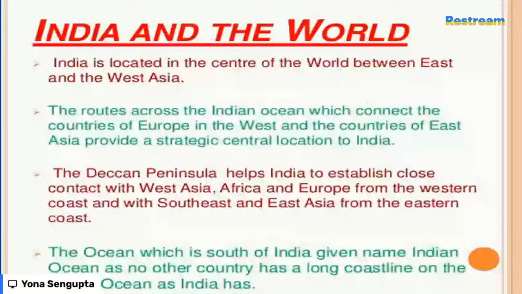The Deccan Peninsula protrudes into the Indian Ocean, allowing India to establish close contact with West Asia, Africa and Europe from the western coast, and with Southeast and East Asia from the eastern coast.